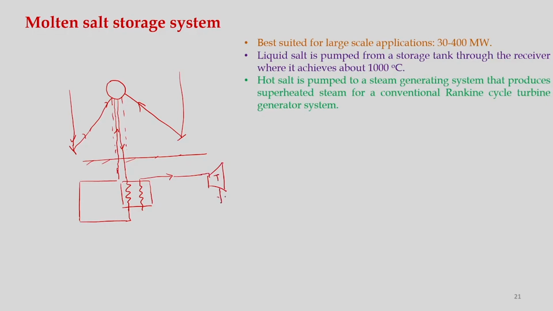And then we need to have a condenser, and if we have a condenser then we need to have this kind of cooling tower, this may be the cooling tower, and we have to have a pump, okay, and this will work in a closed loop, and we can have storage as well here somewhere. Okay.